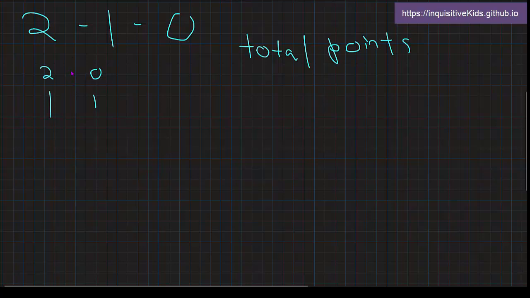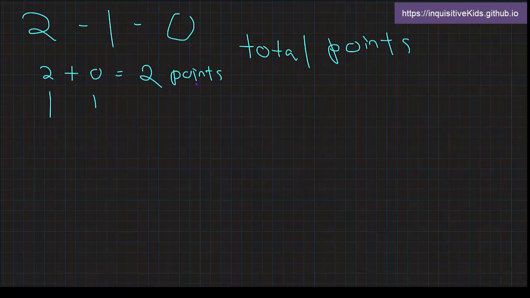For matches that have a winner and a loser, you add those two values up, you have 2 points. For matches that tie, you add 1 to 1, that gives you 2 points as well. So every single match in here has 2 points. And we're trying to find the total amount of points. So all we have to do is find how many matches there are.